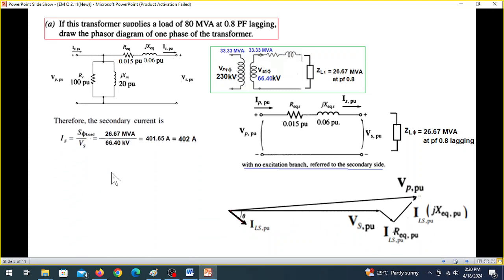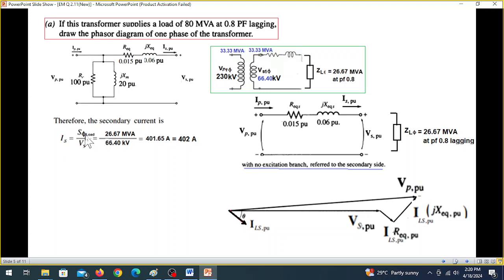So first of all, let's find ISPU. Now the ISPU, we are talking of now this region, and this is the power we are supplying. So power divided by voltage will give us the current. So IS, not ISPU.